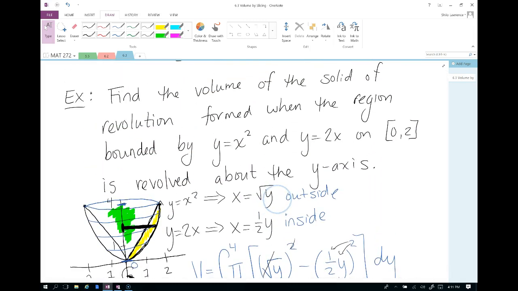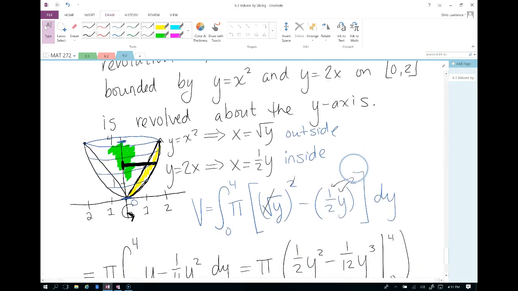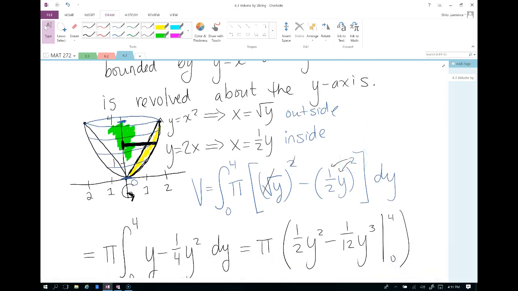Okay, so this works whether we're going around the x-axis or the y-axis, and all of the rules that we learned in the last part are still true, where if you're going around the y-axis, you have to be in terms of y. If you're going around the x-axis, you have to be in terms of x. When you draw your slices, you always are going to draw them perpendicular to your axis of revolution. That helps you decide your radius function. It's even more important here with the washer method because it's going to help us decide who's farther away and who's closer.